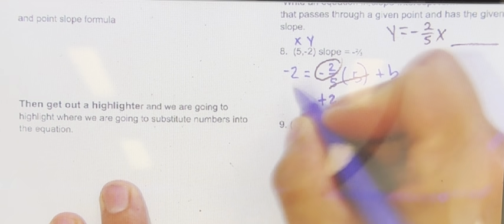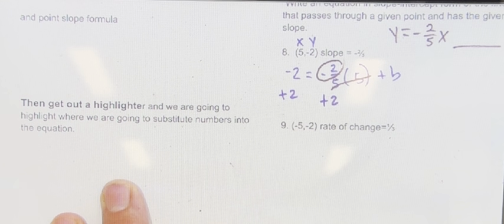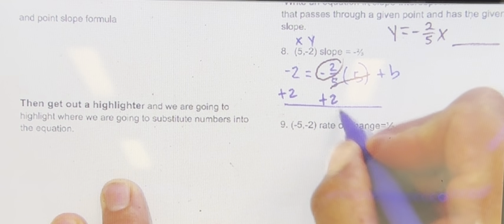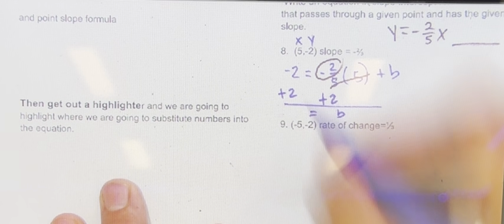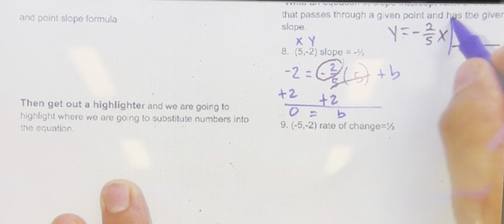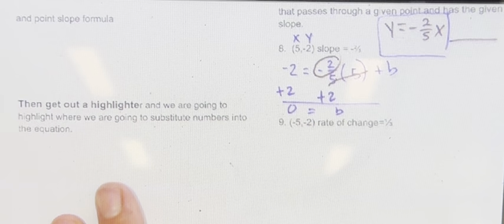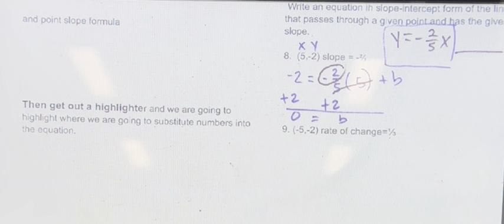So whatever you do on one side, you do to the other. So, and b equals what? 0. So that ends up being my answer. So to check it, you can put that in y equals, and that point better show up. If it doesn't, you've done something wrong.